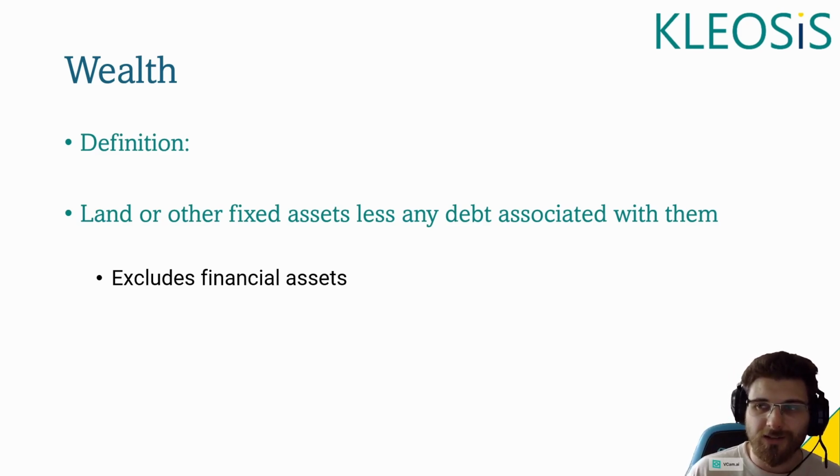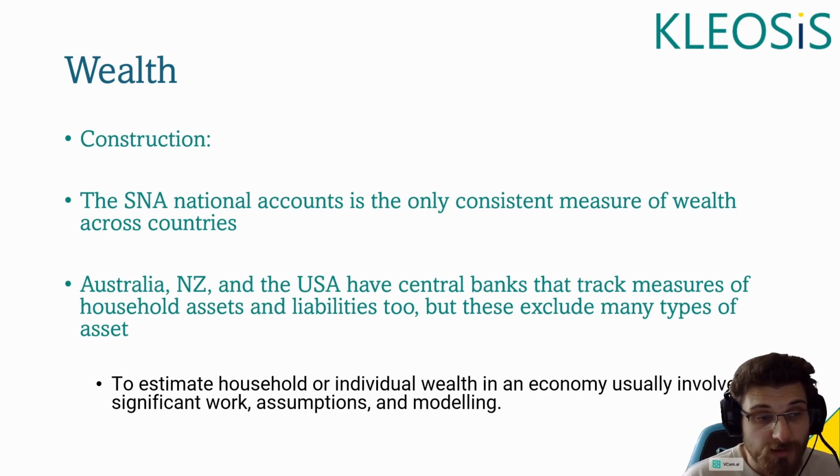But you should always take the constructed wealth inequality statistics with a bit of a grain of salt, because there's a lot of things that are excluded. So the way we construct wealth statistics is not done as an official statistic.